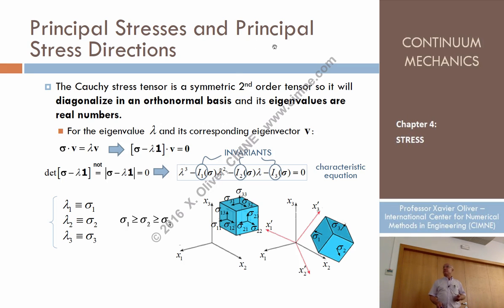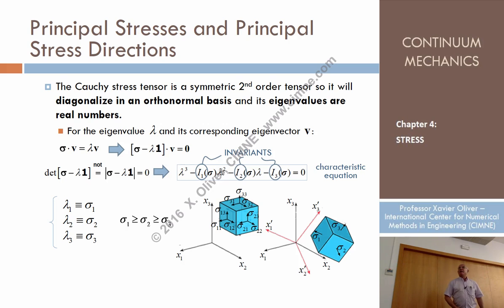But when I change the system of coordinates, then the components of the stresses change, okay? So these coefficients, which are specific combinations of the components of the stress tensor, are invariants. That means that if instead of this system of coordinates, I take another system of coordinates, x double prime, y double prime, z double prime, the components would be sigma prime 1,1, sigma prime 1,2, sigma prime 1,3.